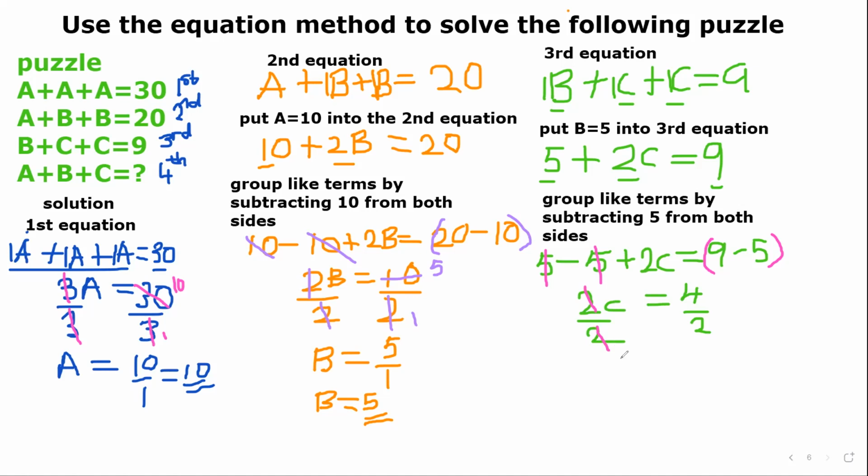Now we have C equal to, 2 can take care of the 4 two times, so C is 2 over 1, and the answer is 2. Now we have found all the A, B, and C.